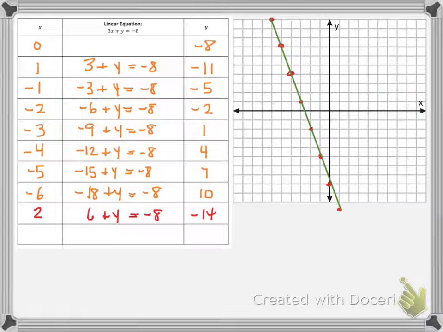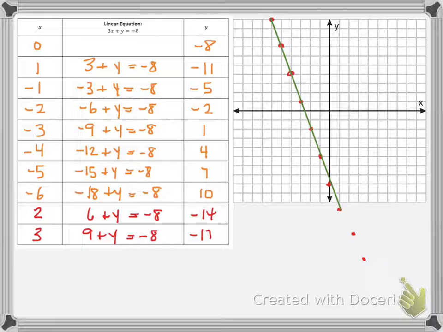It's just going to be on the same line but farther down. If I chose a 3, then the same thing. 3 times 3 is 9 plus y equals a negative 8, and subtract 9 from both sides, I get a negative 17. So the farther I get in my positive x values, the smaller my y value. In fact, it went way below the space on my coordinate plane.